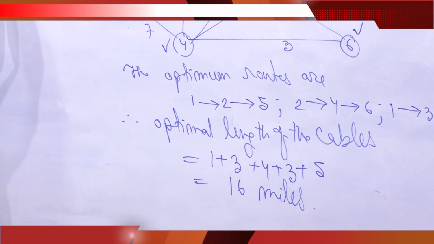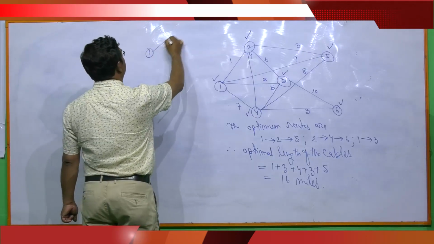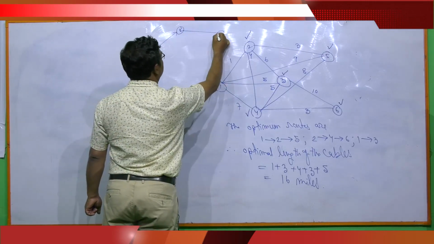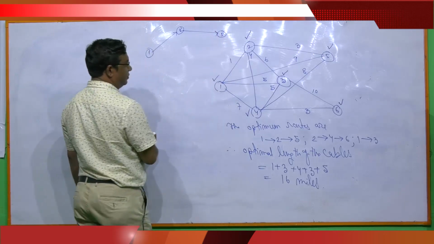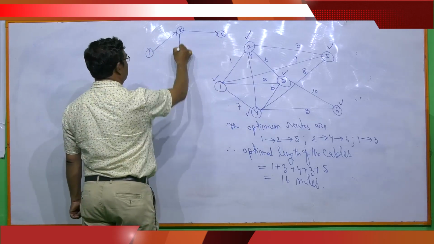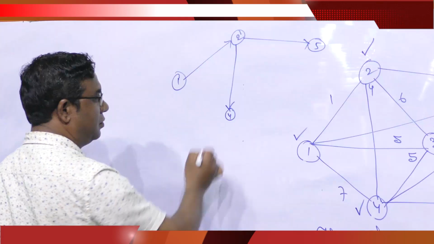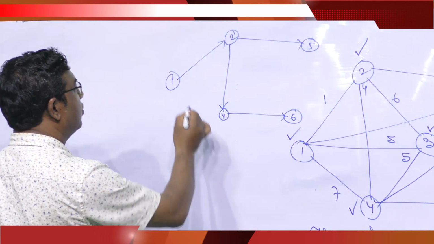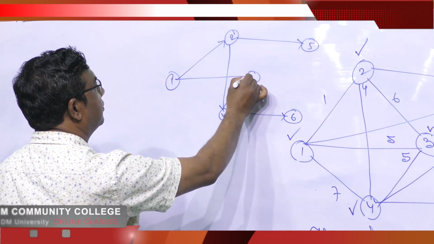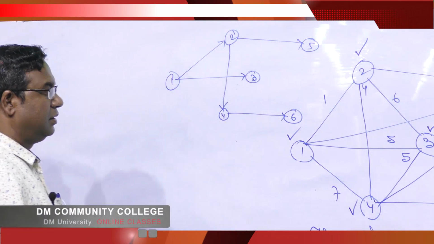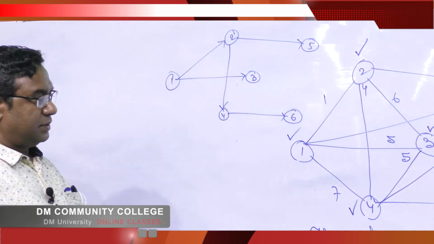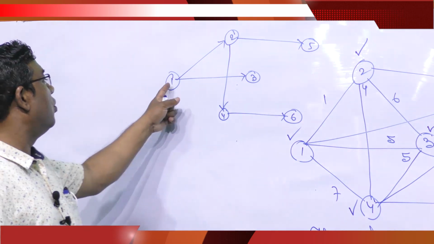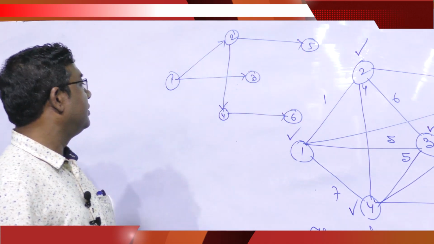So the network is: we have to connect 1 to 2, 2 to 5, next 2 to 4, then 4 to 6, then 1 to 3. So this is the minimal spanning tree. So all nodes are connected.